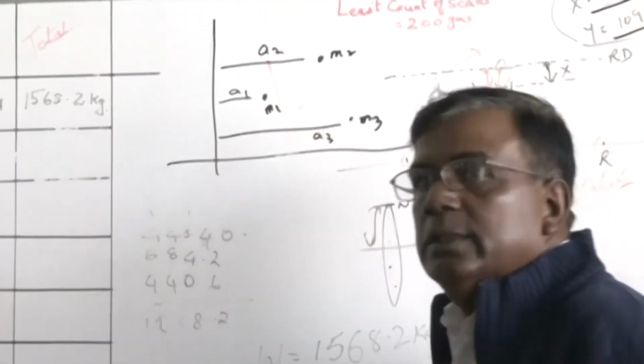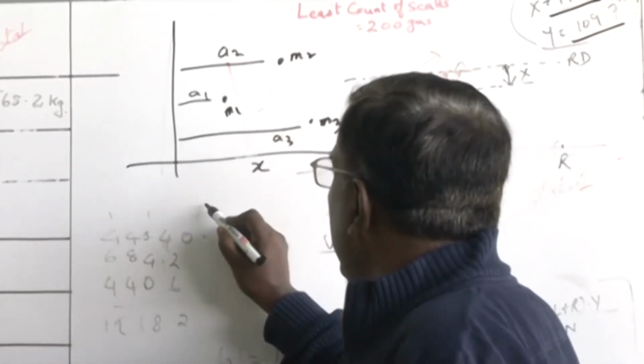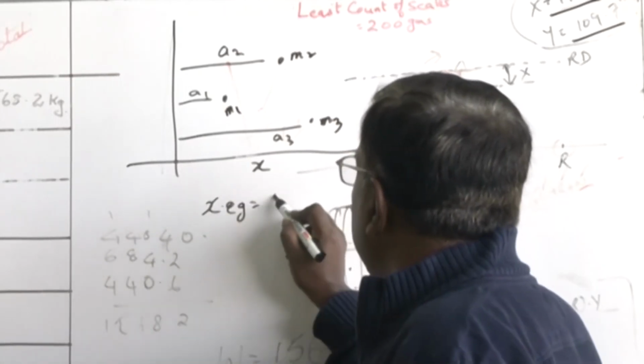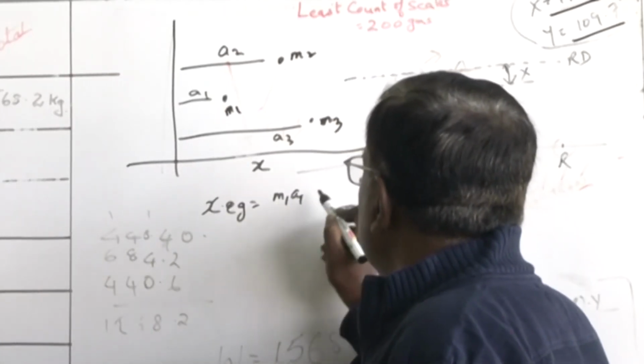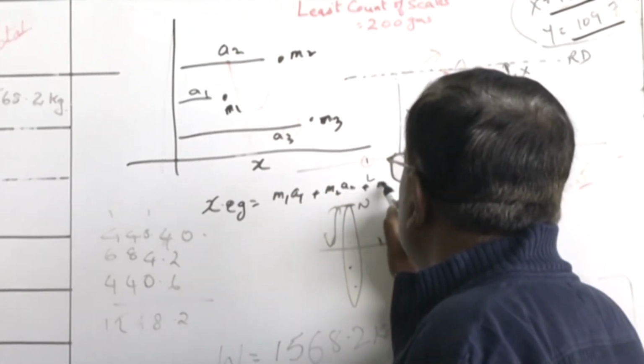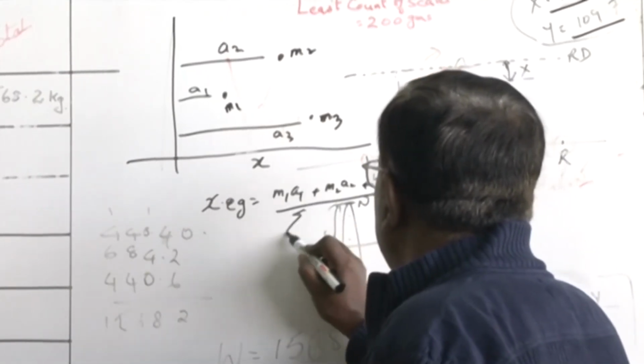How to find CG? Along x-axis, let's say. That will be what? XCG will be M1 A1 plus M2 A2 plus M3 A3 divided by summation of M.